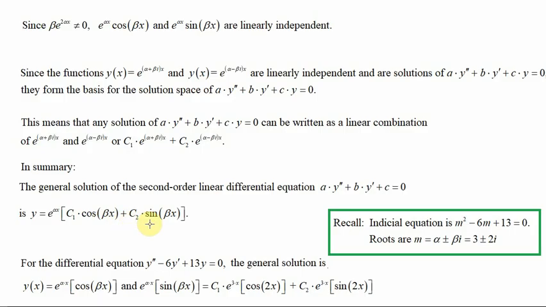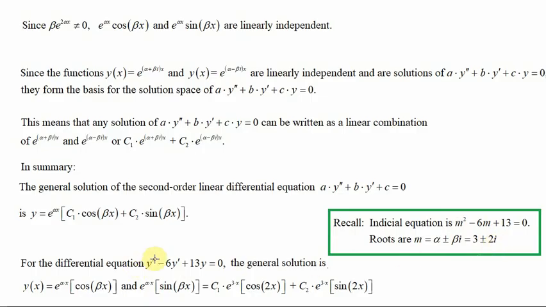times sine beta x. And then for the example, y double prime minus 6y prime plus 13y, recall that the indicial equation is m squared minus 6m plus 13 equal to 0, and the roots are 3 plus or minus 2i.